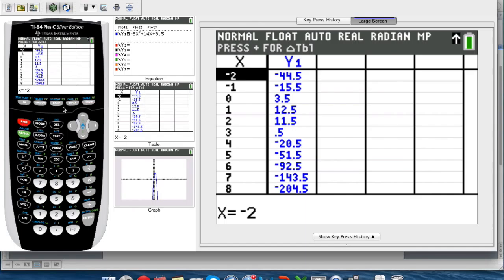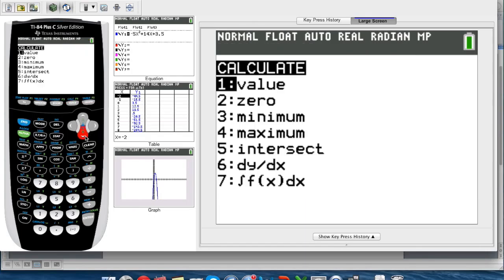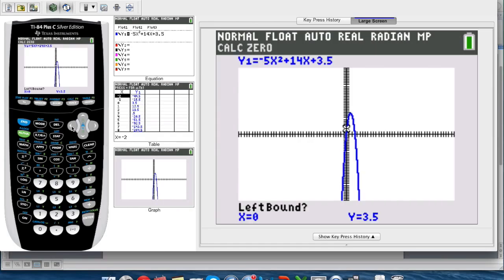Now we can find other points by using second trace and zero. Go to left bound, left bound, right bound. Guess that's not an accurate guess. So it gives you an awkward number of negative 0.2 and y is equal to 0 right here.